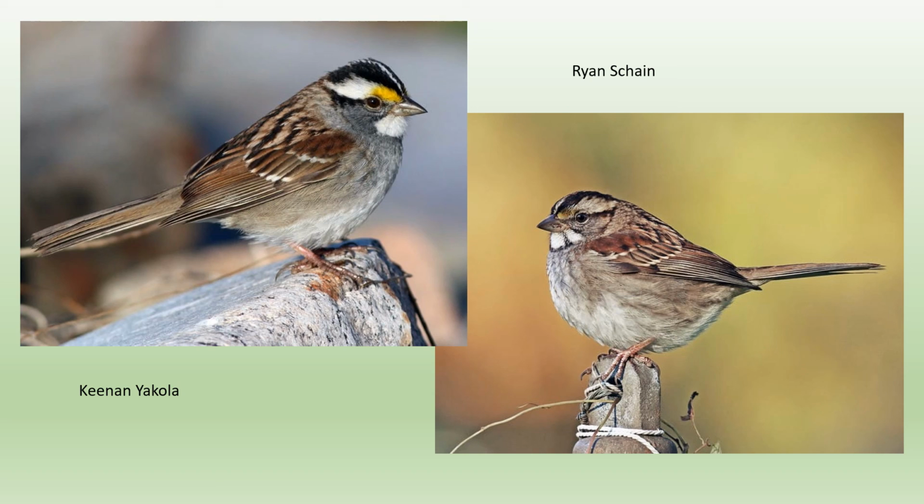Birds, both male and female, that are white and black striped are more promiscuous. They put less effort into raising the offspring. They're more aggressive, and they're very good singers, primarily the males.